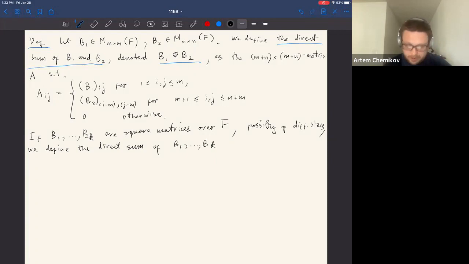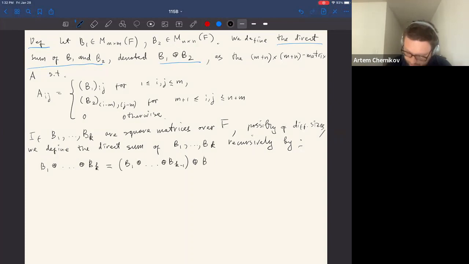We define it recursively as follows. We take the direct sum B1 plus etc. plus Bk, which is defined to be the sum of the first k minus 1, and then we take the sum with Bk.